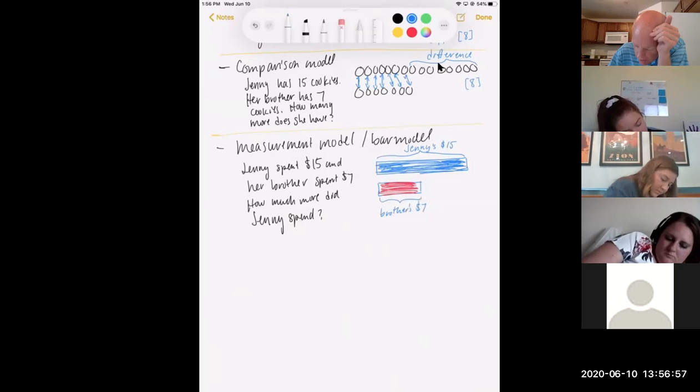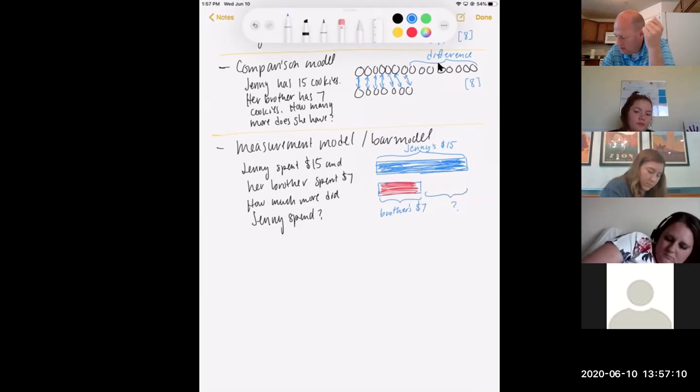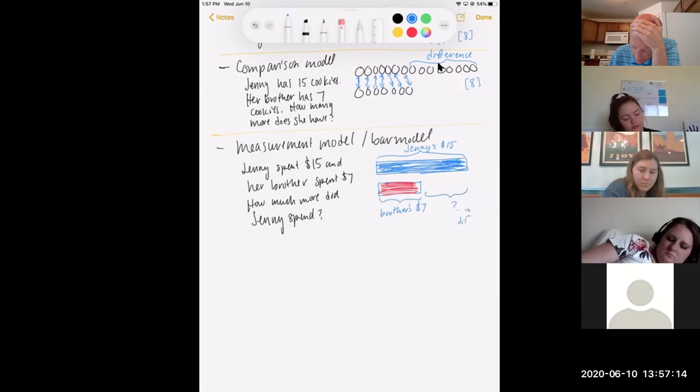The distance that's left, so the question is how much more did Jenny spend, can be found by this distance right here. Whatever the rest is, that's the question mark. So you put a question mark that relates to the difference.